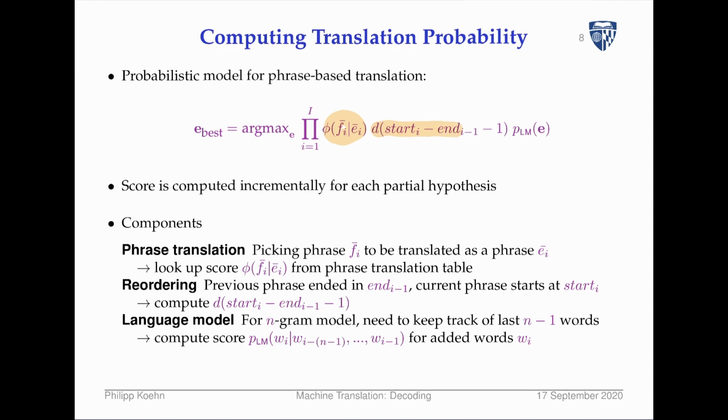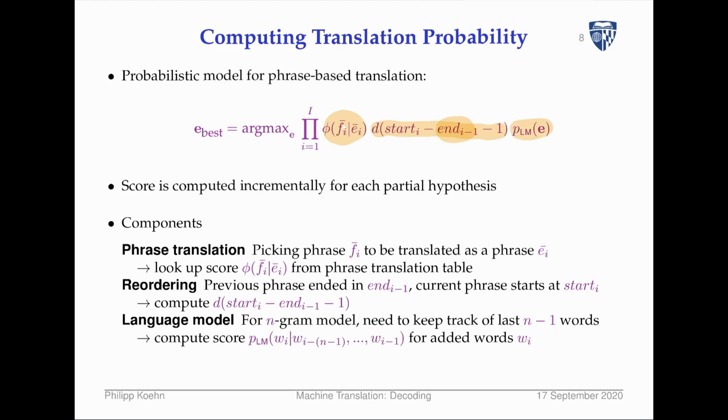Then you have to track how reordering happened, what was the end word of the last foreign phrase that we translated. So we need to keep that in mind at each time. We only care about what happened in the last phrase, what was the last word, which position was it.